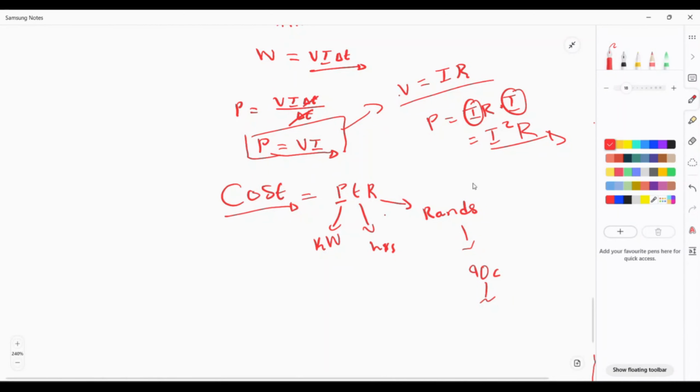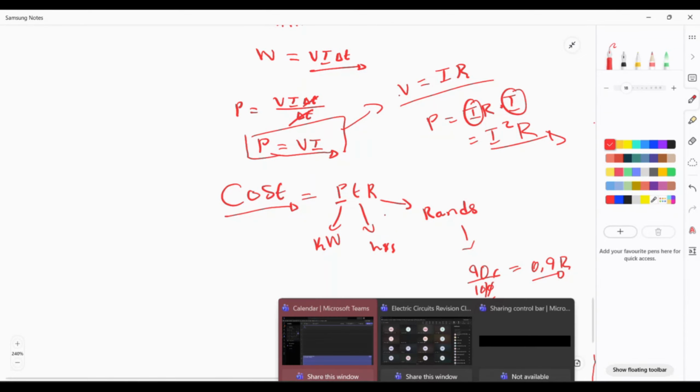Because to convert from cents to rands, I think you divide by 100. And then I think you're going to get 0.9. So it must always be in rands. That's the unit over there.